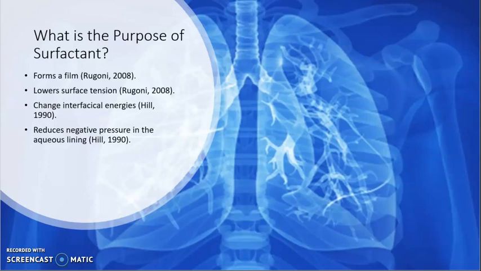Surfactant is said to make breathing easier by lining the air-aqueous interface and reducing surface tension, which in turn reduces the pressure needed to inflate the alveoli. It also causes a reduction in alveolar pressure, which reduces the negative pressure in the aqueous lining.